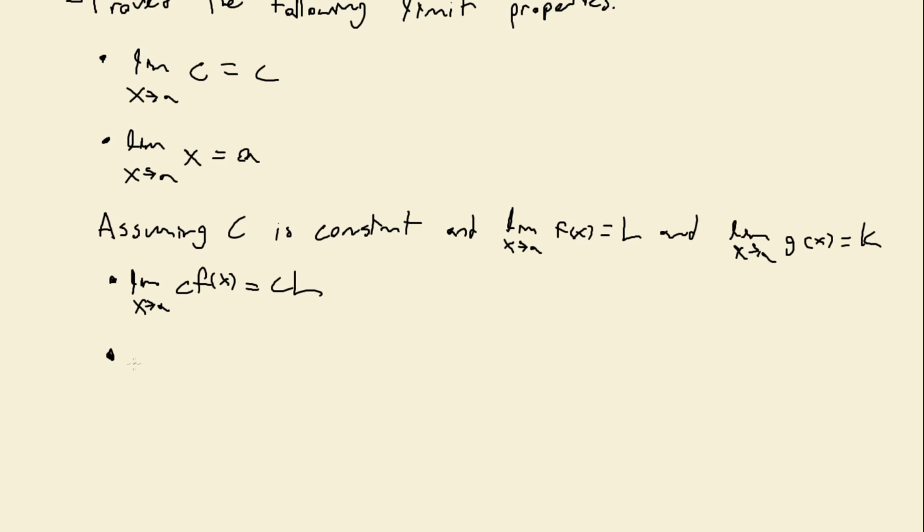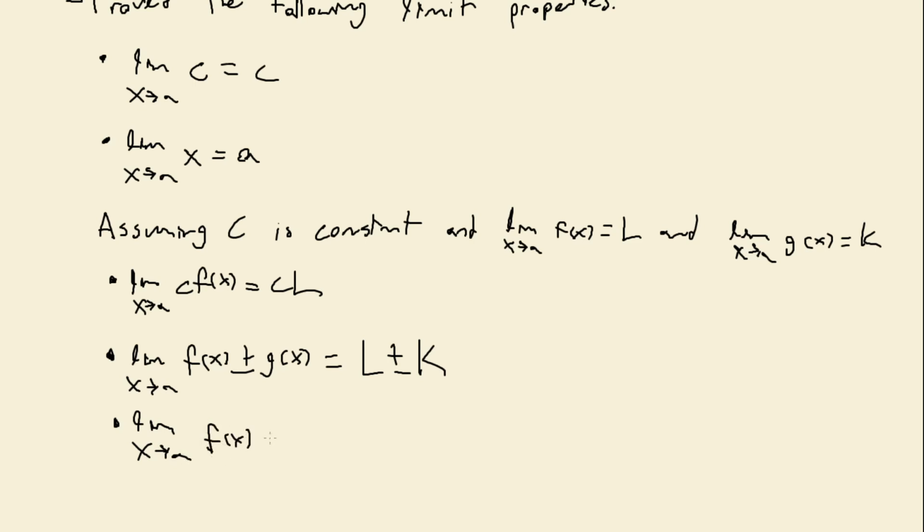We proved the limit as x approaches a of f of x plus or minus g of x is equal to L plus or minus k. We proved that the limit as x approaches a of f of x times g of x is equal to L times k.